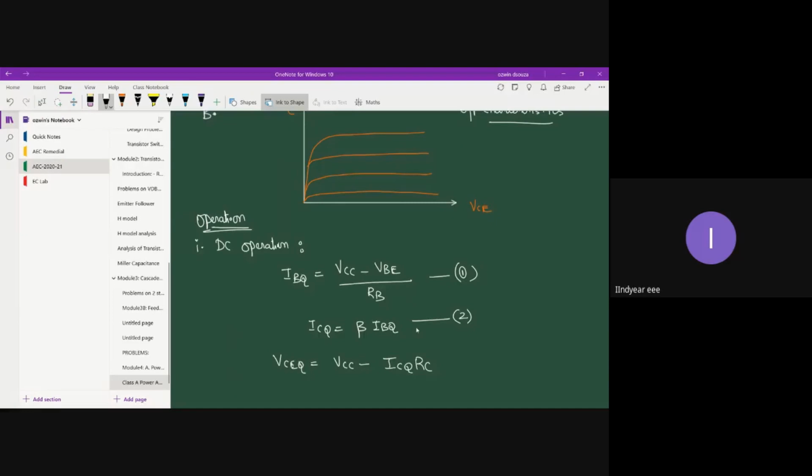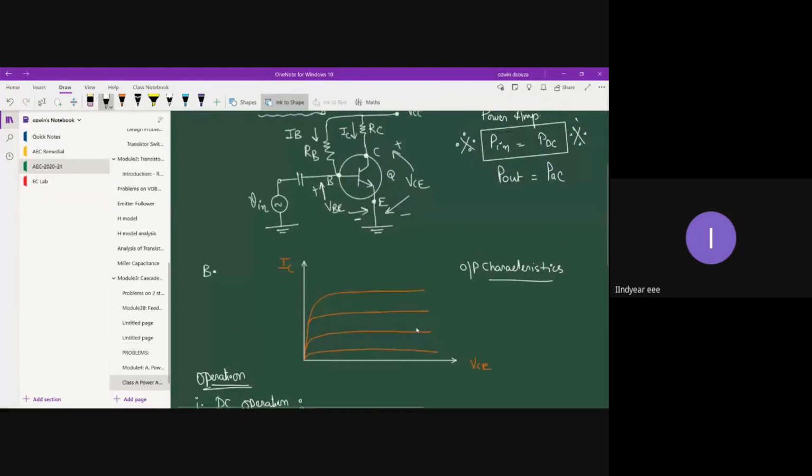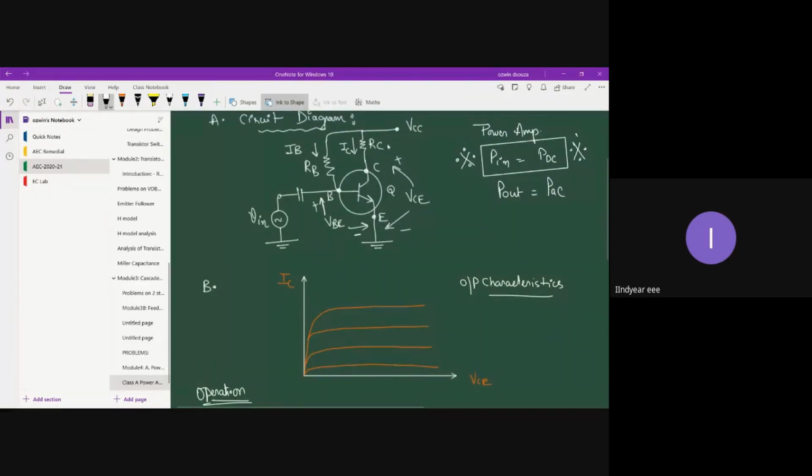Now, remember one thing. In case of a series fed class A power amplifier, the collector resistor RC itself serves as the load resistor. That's the reason in different books, some books may take the load resistor as RC, or some books may take the load resistor as RL. Don't worry about it.